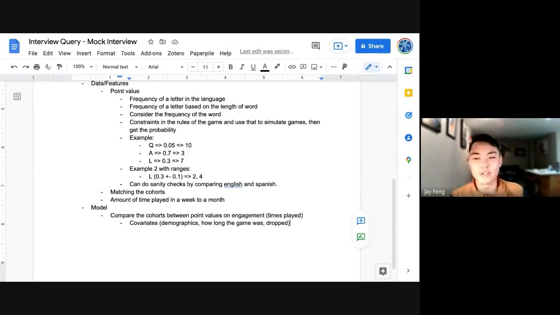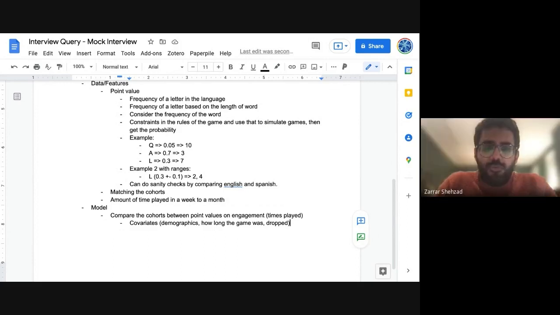Those aspects would probably affect the times played metric potentially more than just the rules of the game. So if we could normalize for that, then I think we'd have a better idea of how the point values actually affect the situation. Otherwise, I don't know if it'd be a very strong feature in this model.